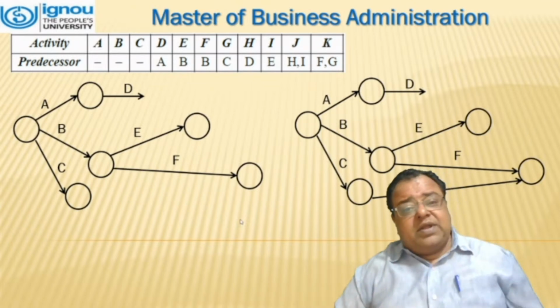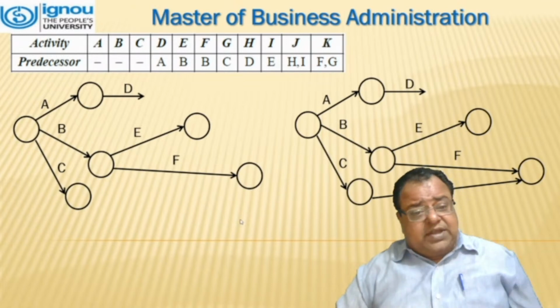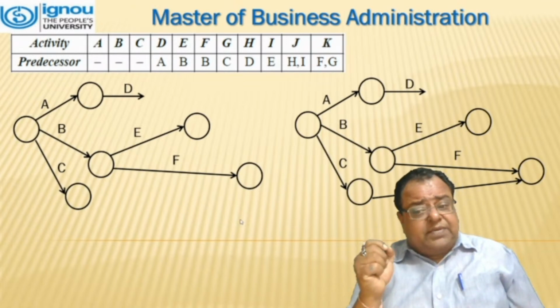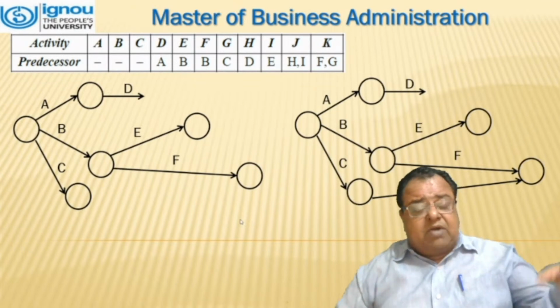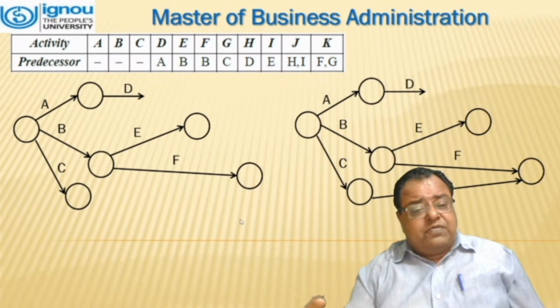Now moving further, you can see that activities G and H are there. G starts when C has completed. Now down below, we can see that C is there, so we will move towards the right, and we will draw G over there with an arrow.